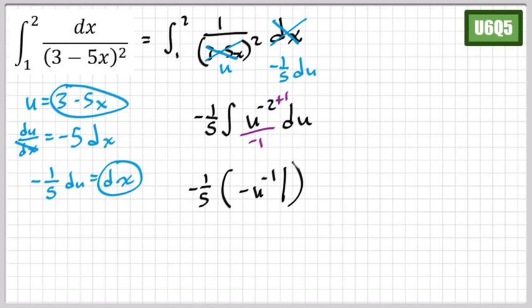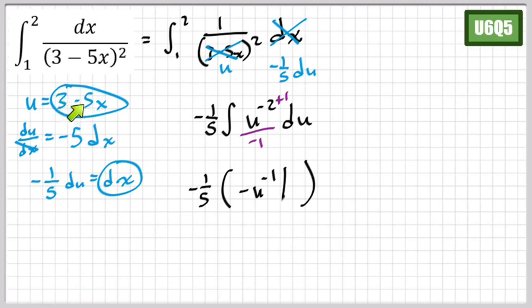So here's the deal. I don't want to write the x's in there. Now, this is like the turning point. You can do one of two things. You can sub in what u is and use the 2 and the 1. Or we can do some mental math. Let's do mental math. Let's change this 2 into a u. So I take this 2, I plug it into the x.